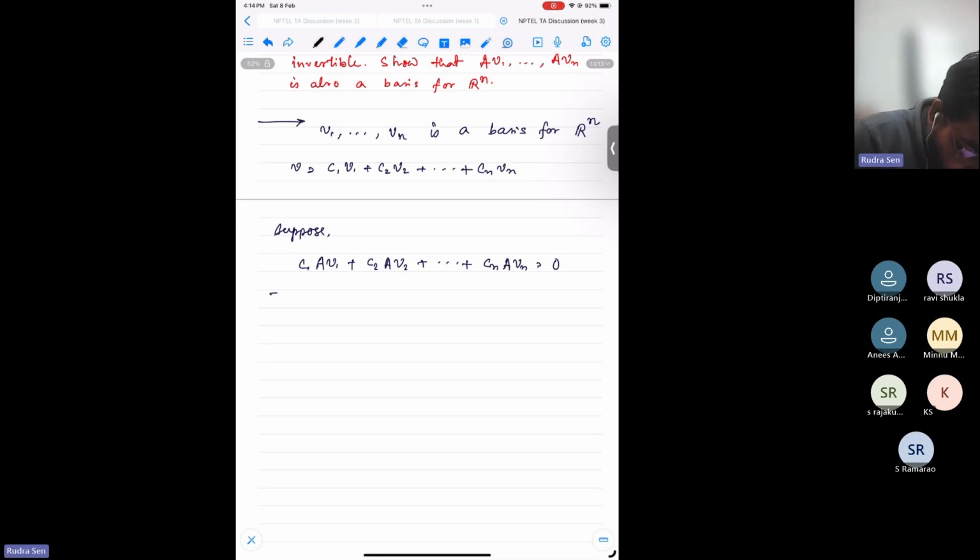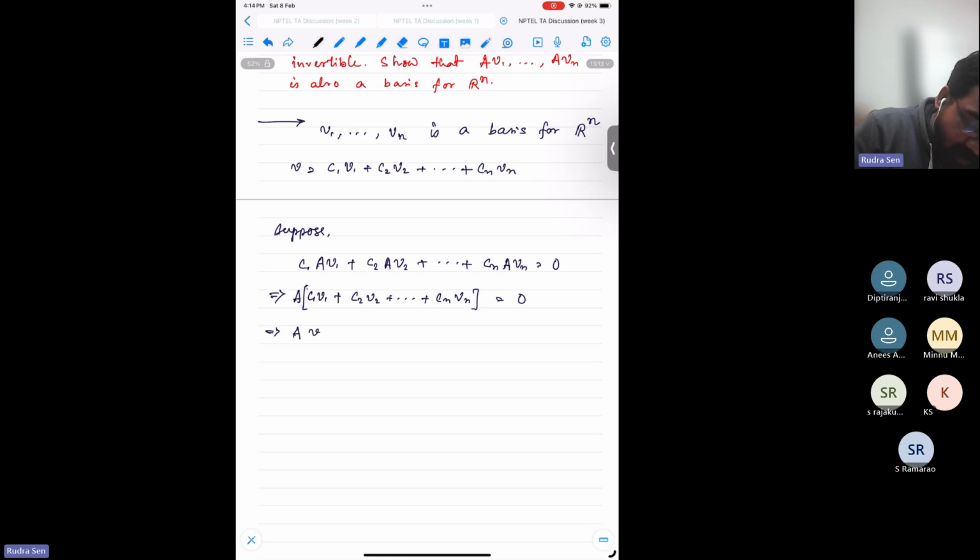Since C1 is a constant, we can pre-multiply or post-multiply the matrix, it doesn't matter. So we take A common, and A times C1 V1 plus C2 V2 plus up to Cn Vn equals 0.